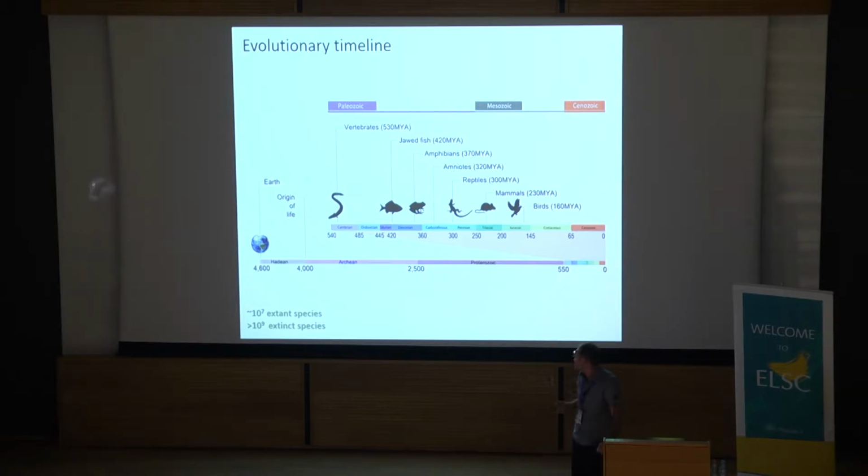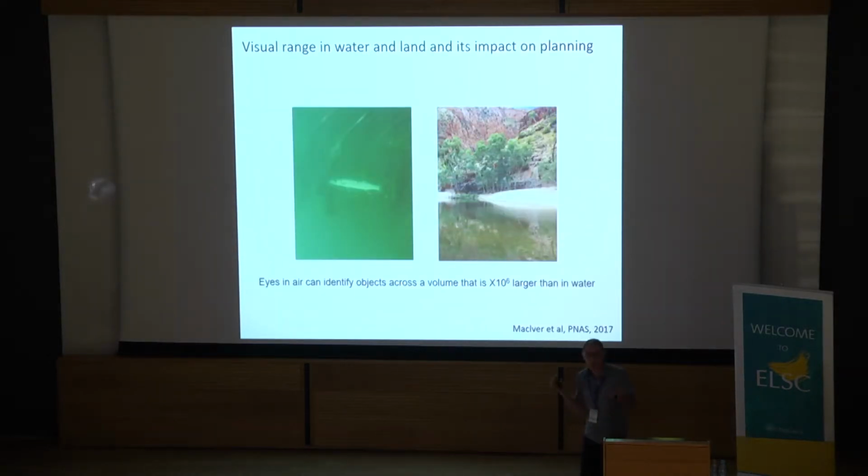And just to give one example of vision, so these are two images, one underwater and one taken on land. And because light attenuates very strongly in water, you can basically see for very short distances. Whereas in land, you can see large distances, and there's an increase of 1 million-fold in the volume that you can perceive on land.